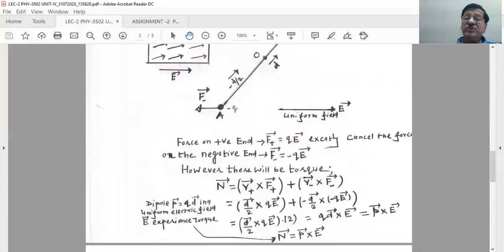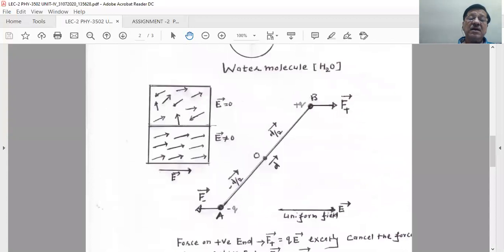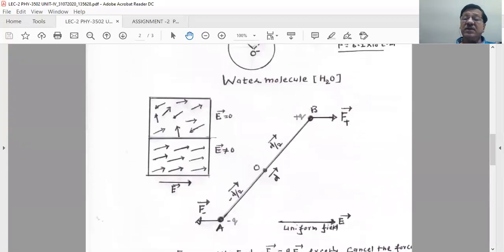So now, once you understand this exercise, let me explain the problem. Whenever you take a molecular solid, which is made of molecules, and these molecules are polar molecules, then the polar molecules are randomly oriented in a given sample. Suppose I take a specimen, the upper part of this figure.